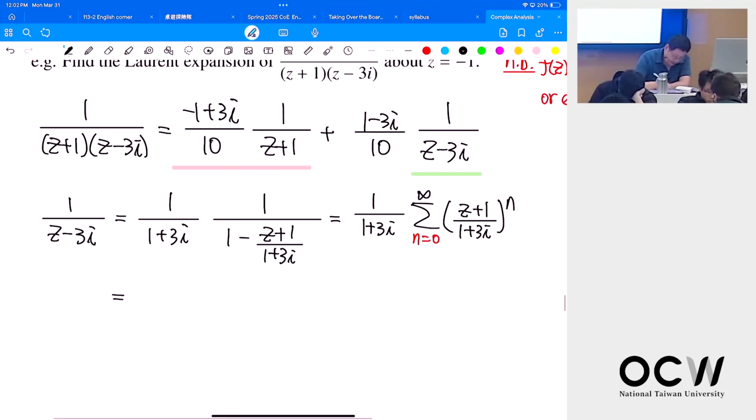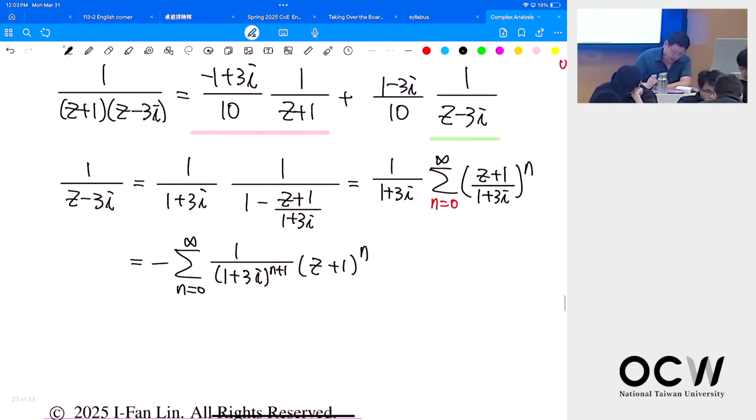Then we have minus the summation, n from 0 to infinity, of 1 divided by 1 plus 3I to the n plus 1, times Z plus 1 to the n.